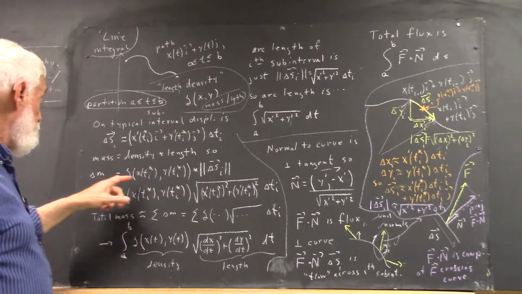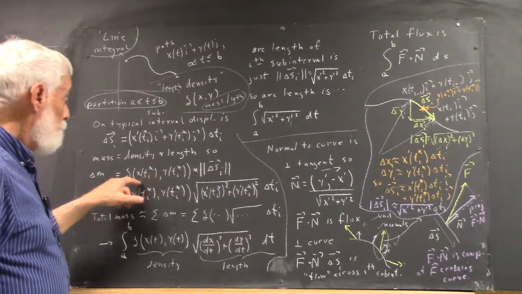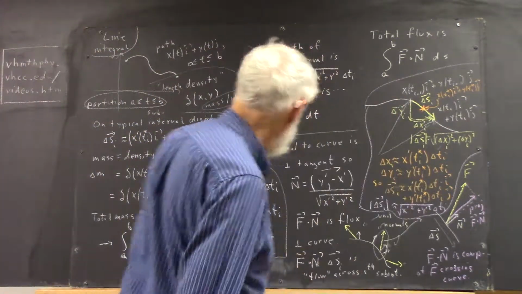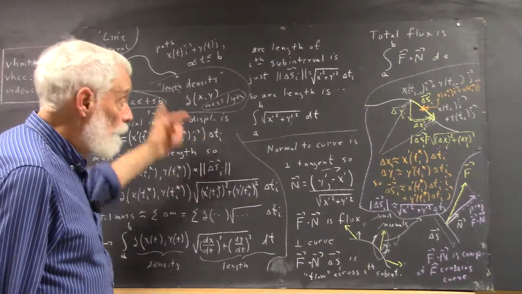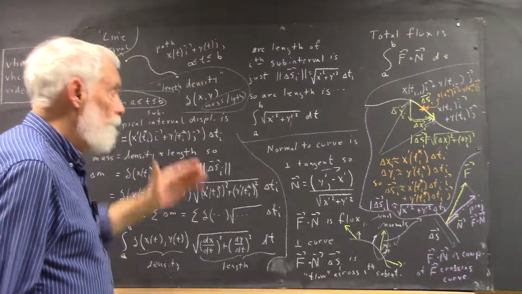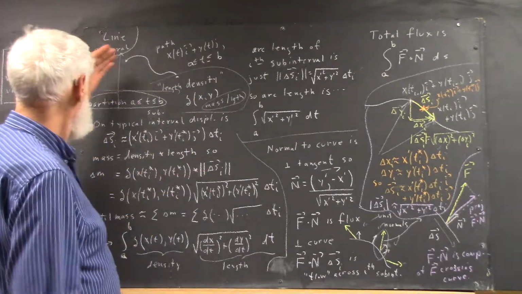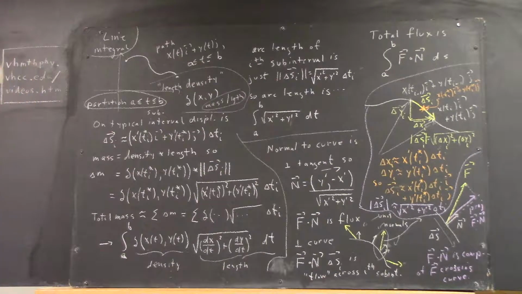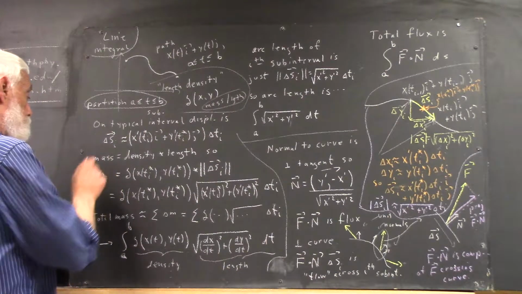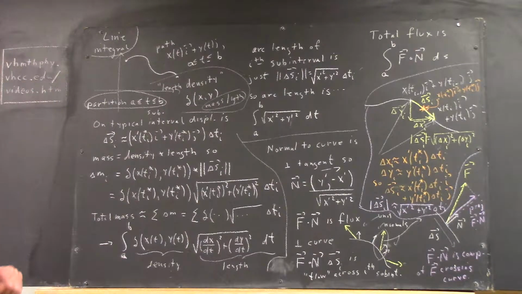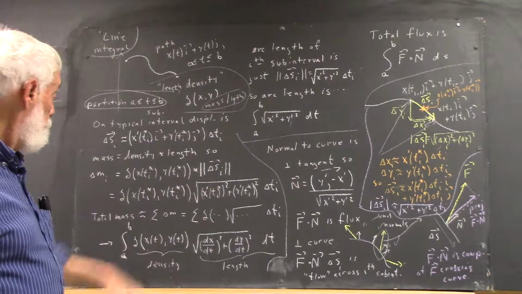Okay, so it's the density evaluated at x of t_i star, y of t_i star, the density at some point within the interval, and we multiply that by the length of the part of the curve corresponding to that subinterval of our partition. Okay, so that would be our delta m, and again with great carelessness I left off a subscript there. So that would be our mass contribution of the interval.